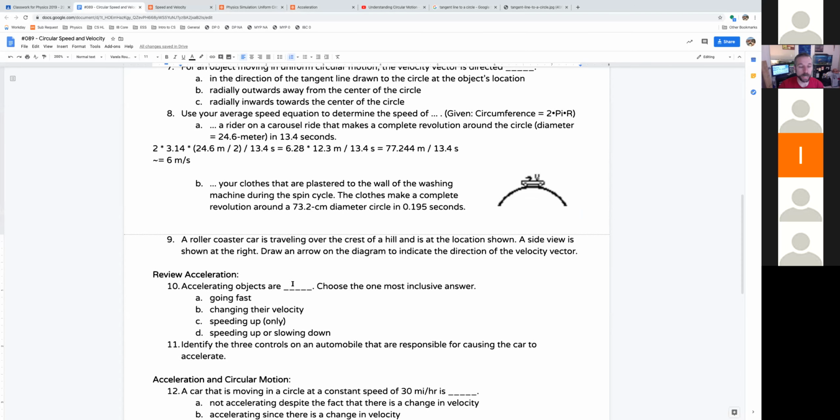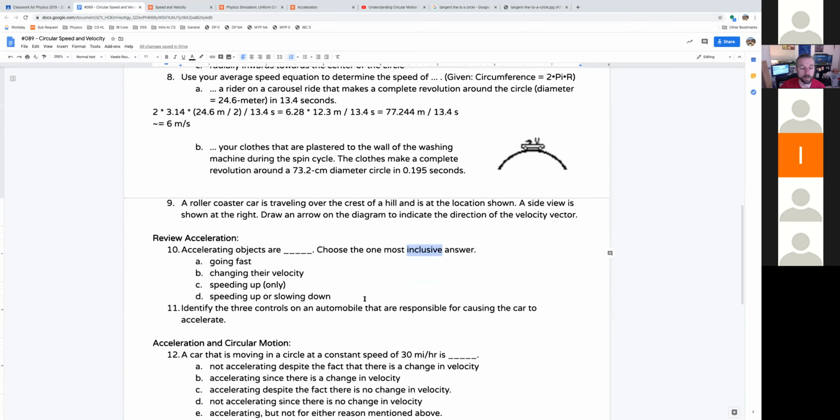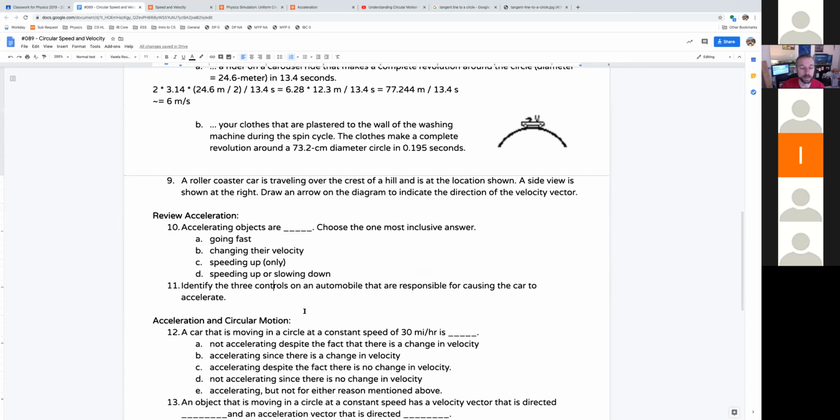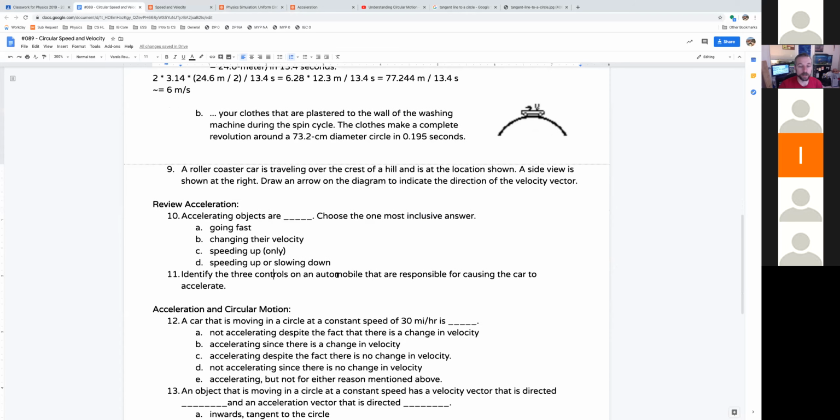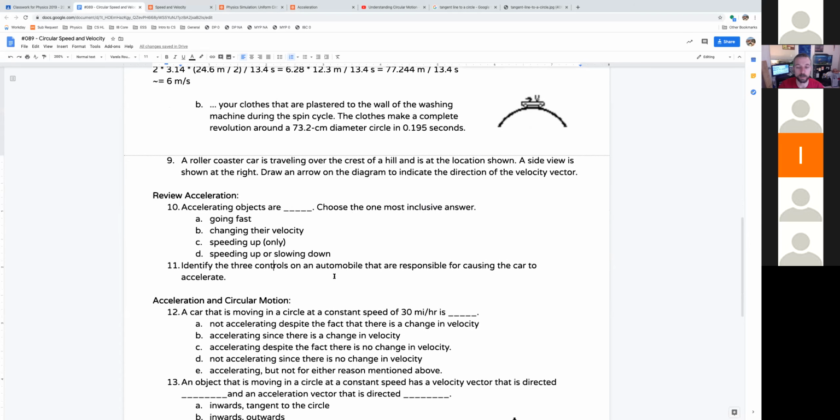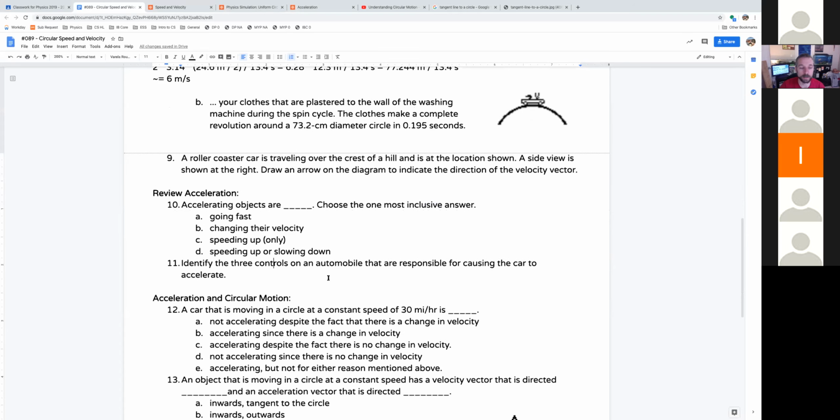Okay, accelerating objects are, choose the one most inclusive answer. What that means is choose the answer that includes all of the correct answers. All right, I am going to let you answer that because that is a review. Identify the 3 controls on an automobile that are responsible for causing the car to accelerate. Remember, acceleration is not just about speed.